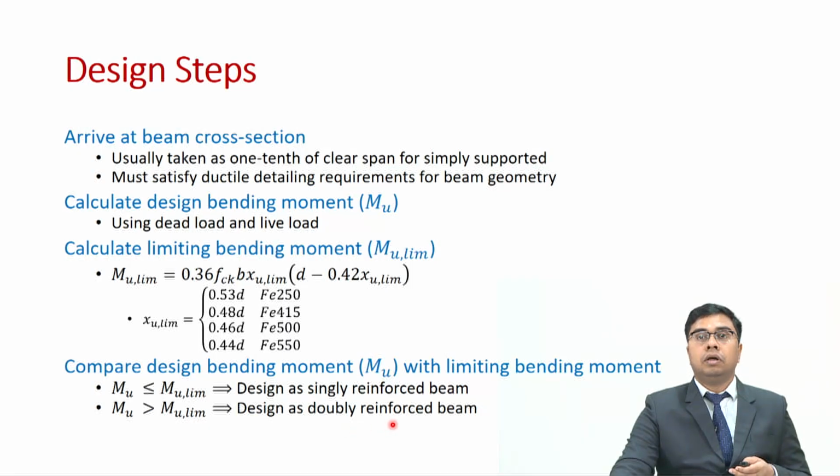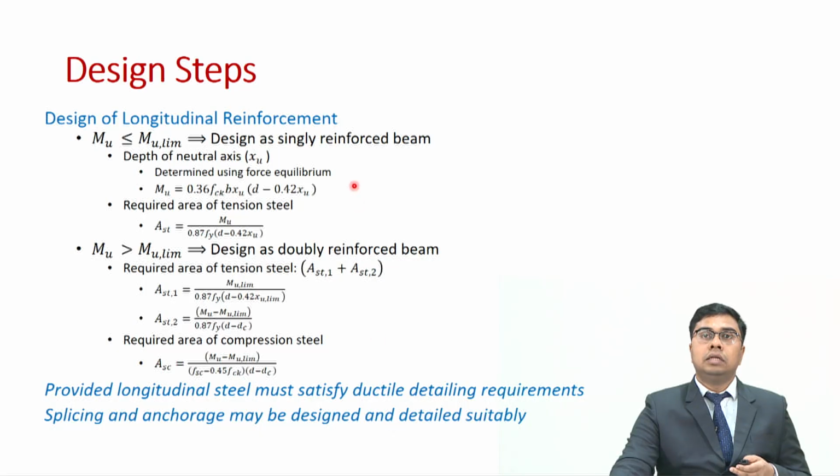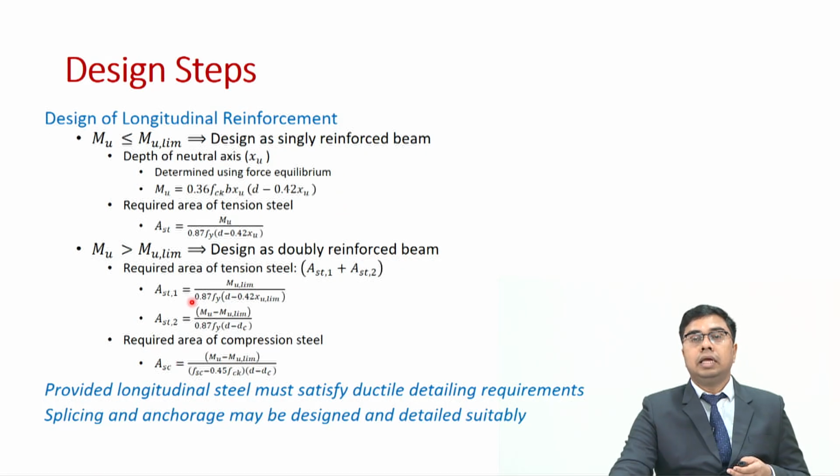Once you know that, then you can find out the neutral axis and you can estimate the required area of tension steel if it is a singly reinforced beam. In case of a doubly reinforced beam, AST1 will be given by the area of steel required to carry MU limiting, and the remaining moment, that is MU minus MU limiting, will be taken care of by AST2, and both of these are components of the tension steel.